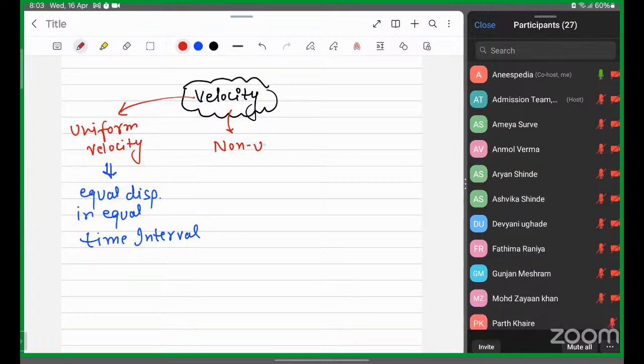Non-uniform velocity will be in case of unequal displacement in equal time intervals.